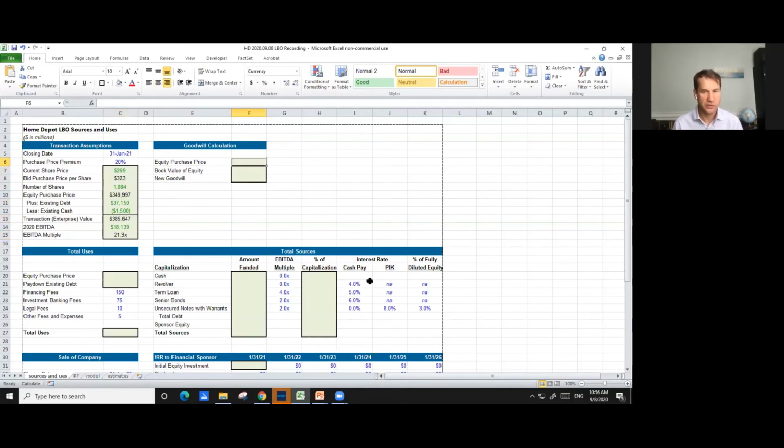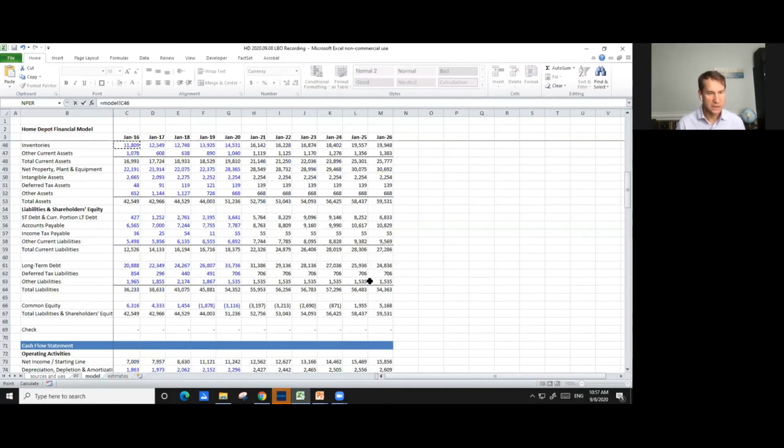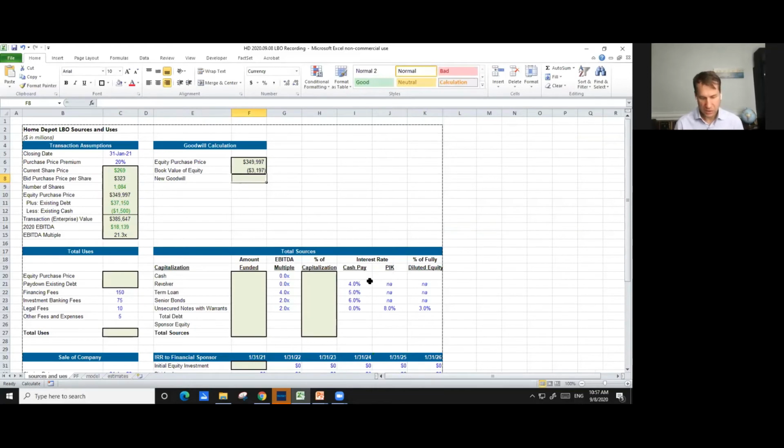We'll need that for a pro forma balance sheet adjustment. So equity purchase price is 349. Book value of equity, I'll just use it with the same sign. As of January 21st, common equity is -3 billion. And goodwill is the equity purchase price minus the book value of equity. So it's 353 billion.